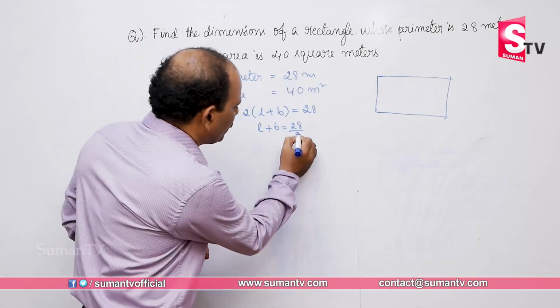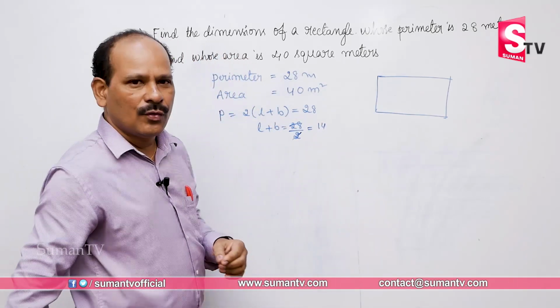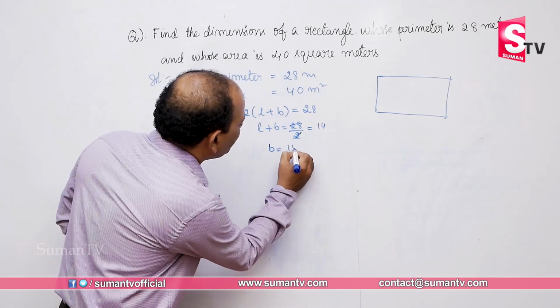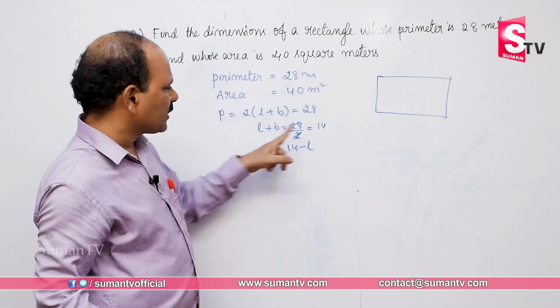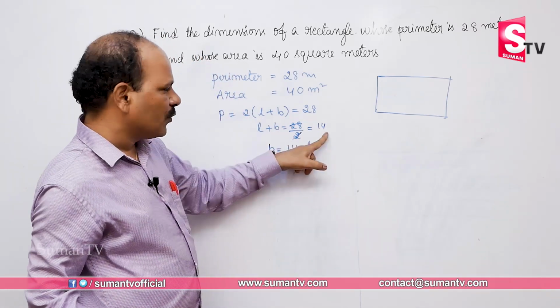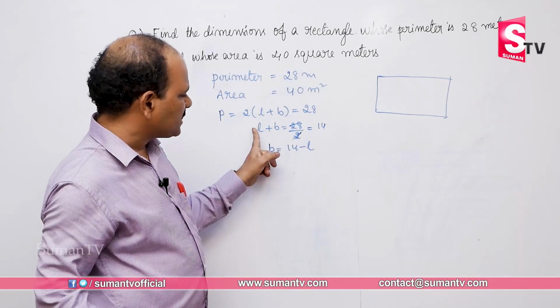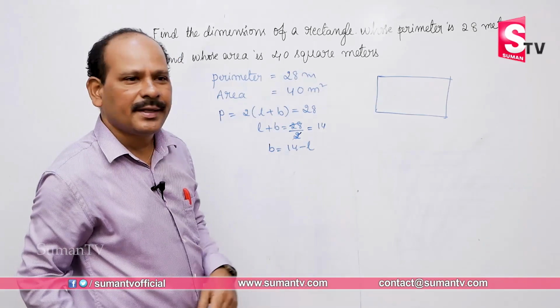Now it is 28 by 2. After cancellation, L plus B is equal to 14. Now B is equal to 14 minus L. I am sending this L to the right side. So L plus B is equal to 14. B is 14 minus this L will become minus L here. So B is equal to now 14 minus L.